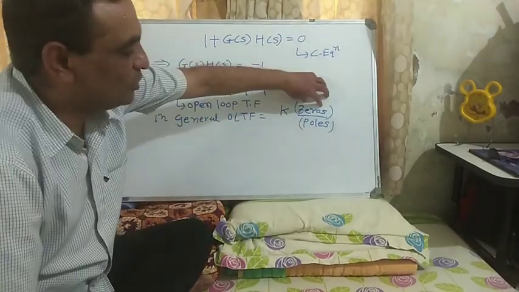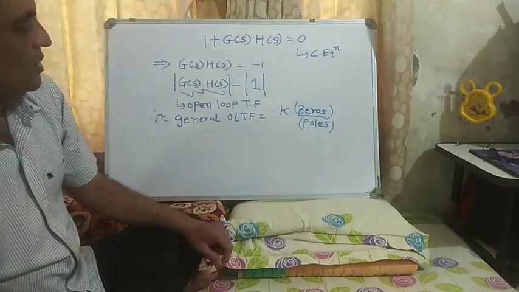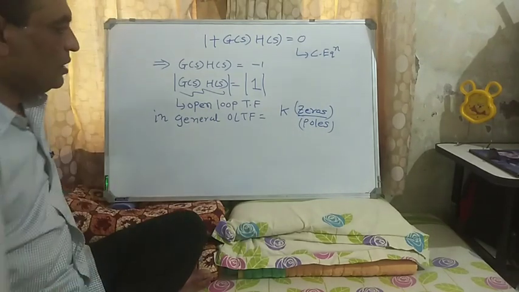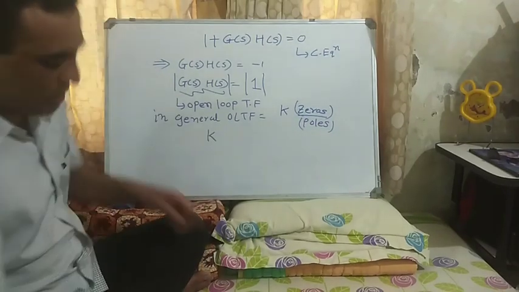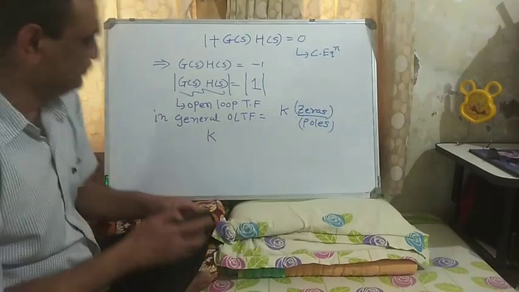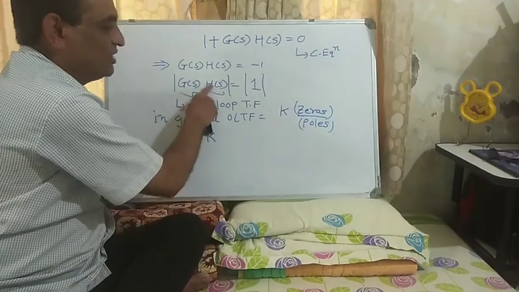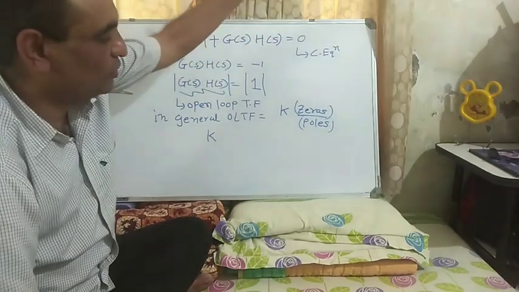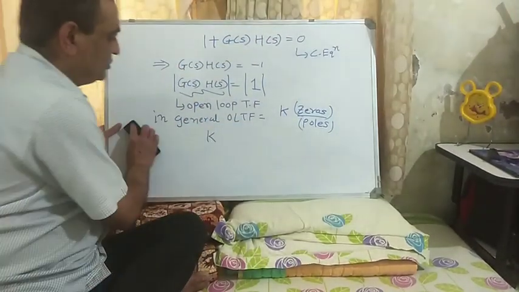These are the open loop zeros and open loop poles of this transfer function. So remember, G(s)H(s) can be written in general as k into the factors of zeros upon the factors of poles.